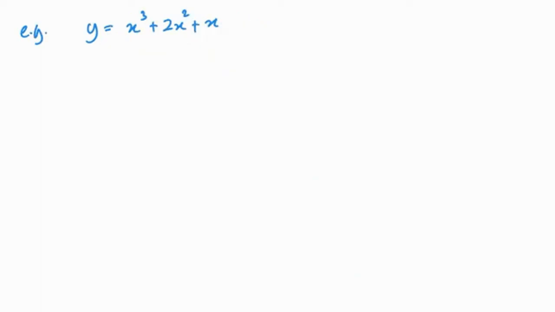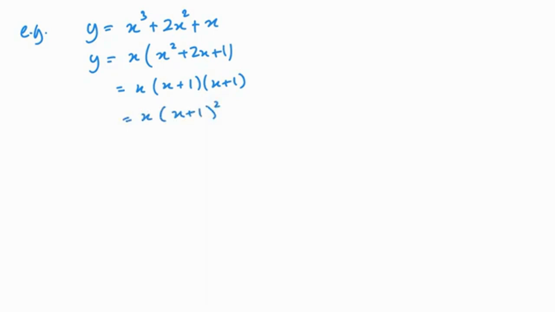I'll do one quick example, as sometimes you need to factorize first. So here I can take x outside, leave me x squared plus 2x plus 1. And then I can factorize this to x plus 1, x plus 1, which is obviously x plus 1 squared.